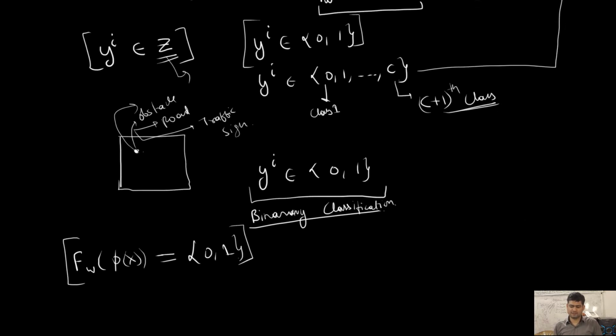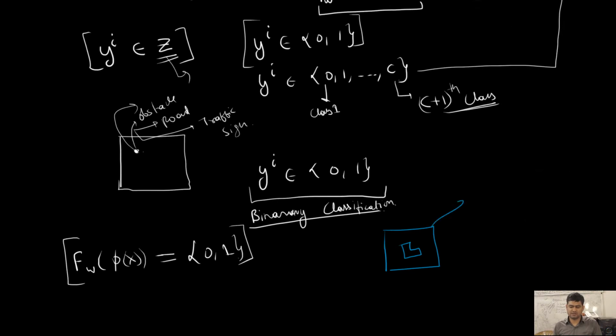To give an example, for instance, you have an image, and you want to know whether there's a particular obstacle or not in this image, right? For example, one of the obstacles can be a car, or any vehicle basically. So you want to know whether this image contains a vehicle or not.